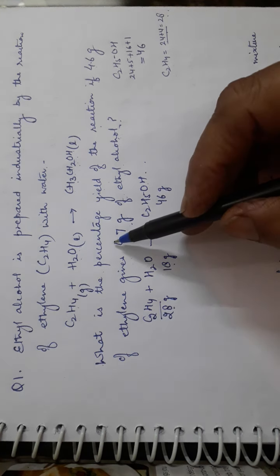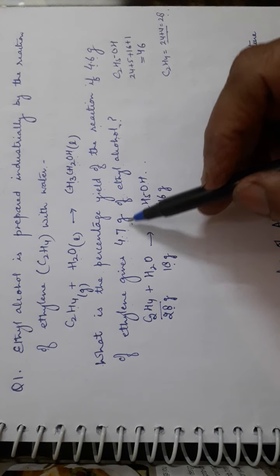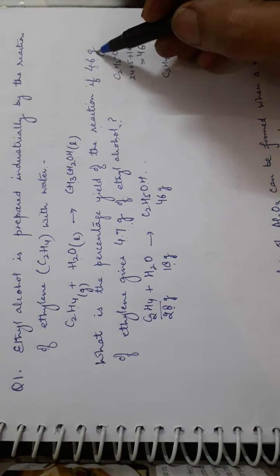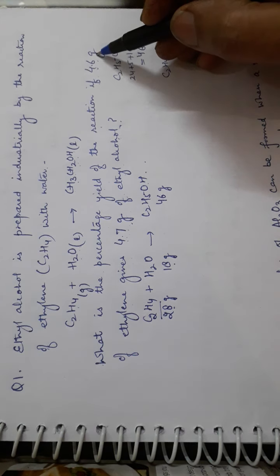Let us come back to the question. What is the percentage yield of the reaction if 4.6 gram of ethylene is giving 4.7 gram of ethyl alcohol? Let us see how much 4.6 gram of ethylene should give. 28 grams of ethylene is producing 46 gram of C2H5OH.